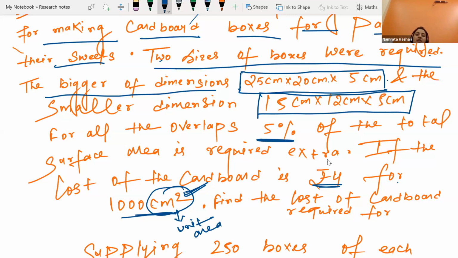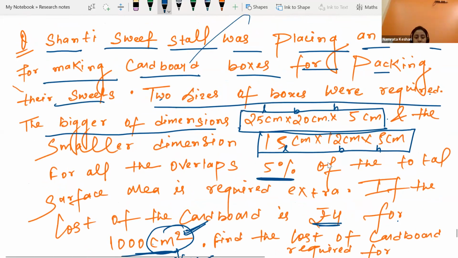So please find the surface area of the bigger box and the smaller box first. Length, breadth, height is given. Please do it, everyone. Then we'll be discussing the next part.